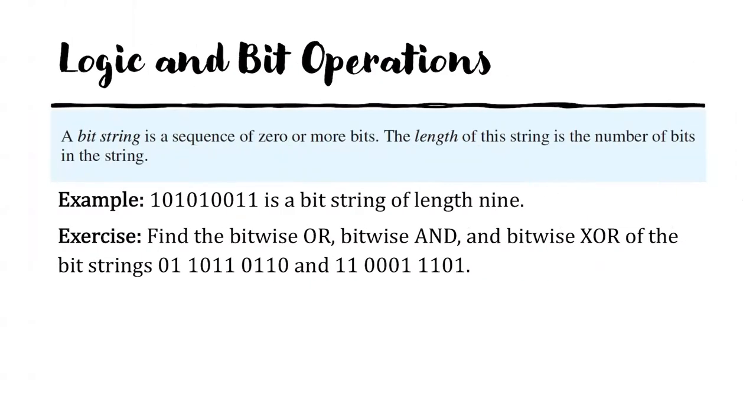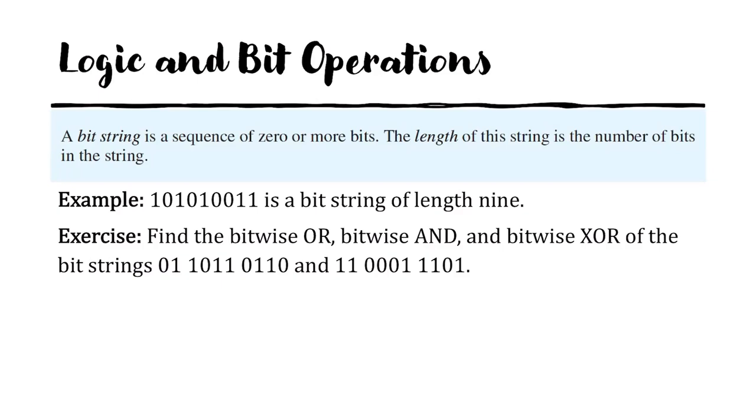Now let's look at the exercise. This exercise asks you to find the bitwise OR, AND, and XOR of these two bit strings.